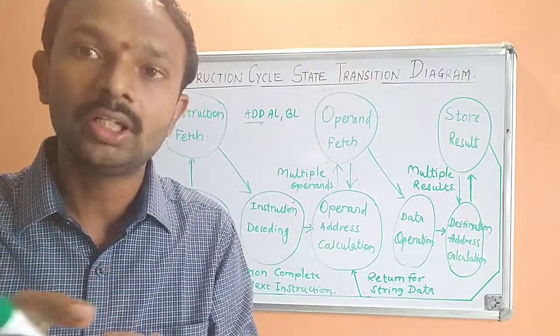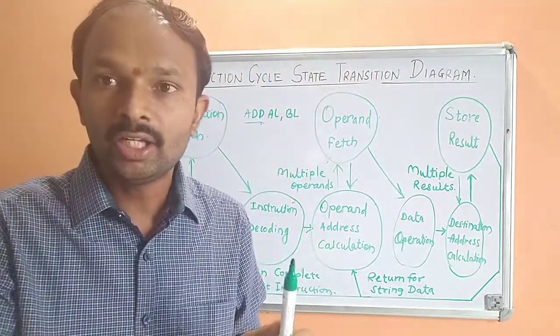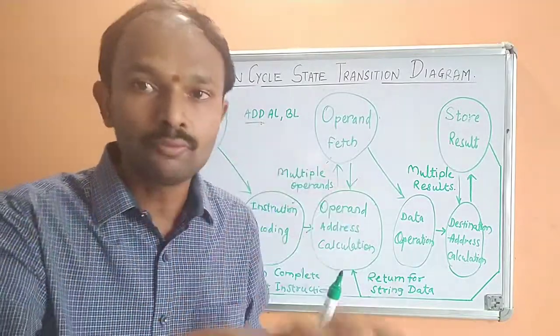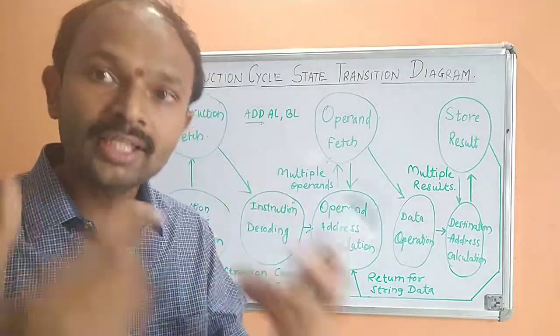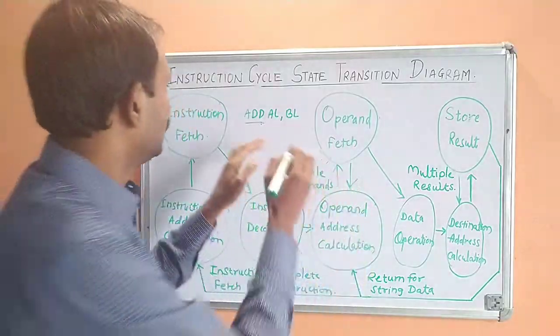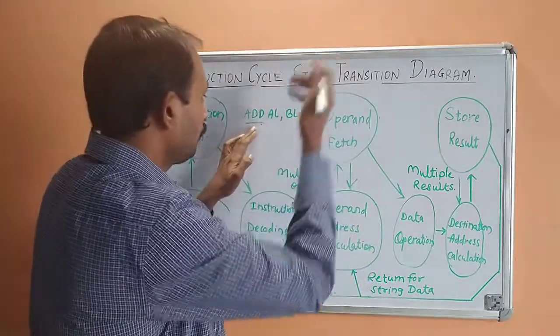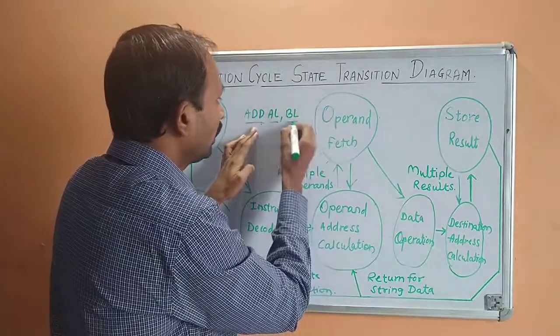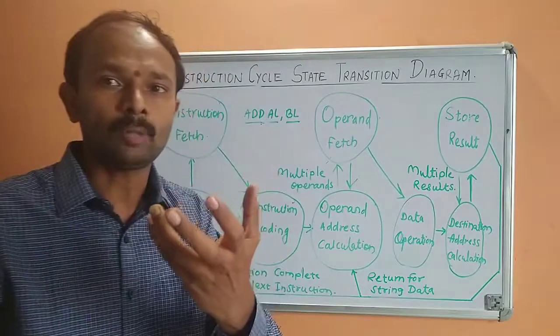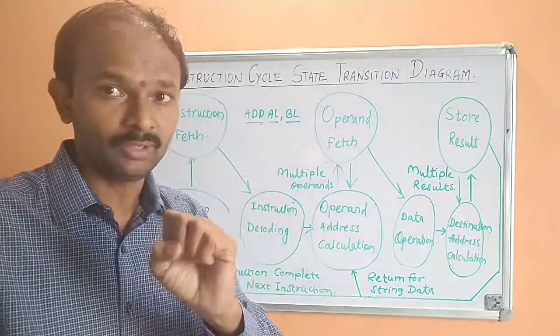Decoding the instruction does not mean converting that instruction into binary format. Inside the computer system, everything is already in binary format. ADD is in binary format. The content of the AL is in binary format. The content of the BL is already in binary format inside the computer system.